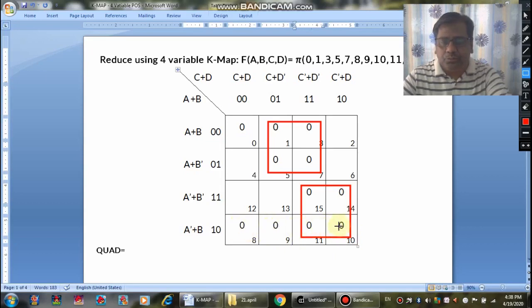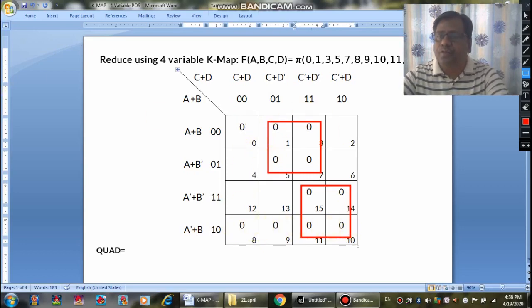Adjacent to these 2 there are 2 more zeros over here. We can create a quad. We will be left over with only 1 zero. It will be either a pair, but if you see, by the help of map rolling, 1, 2, 3, 4 can be grouped as a quad. But once this quad has been there, then this will become redundant.